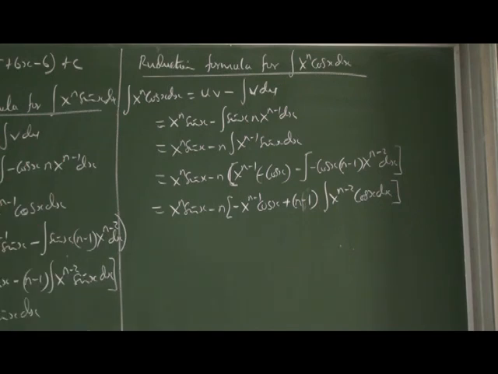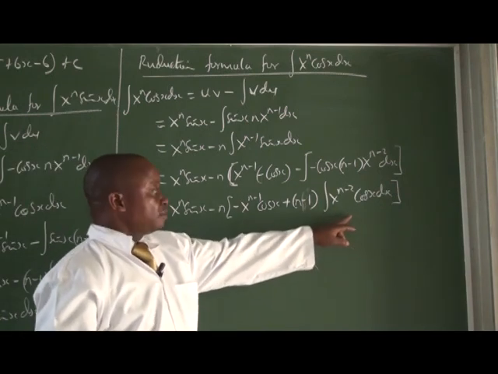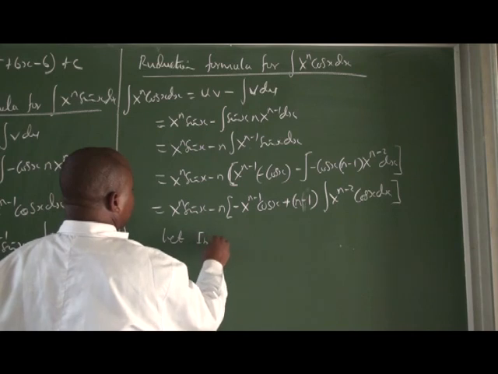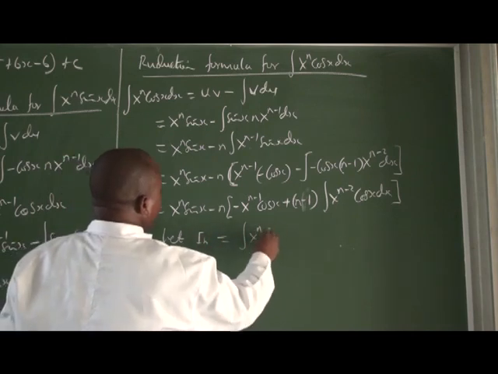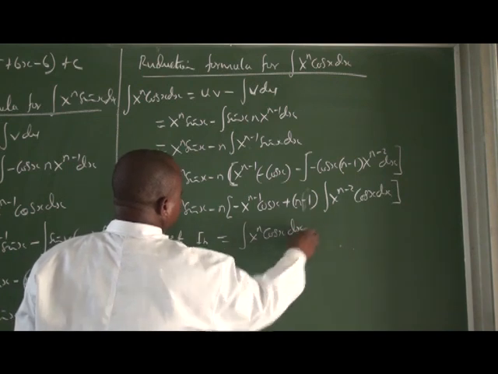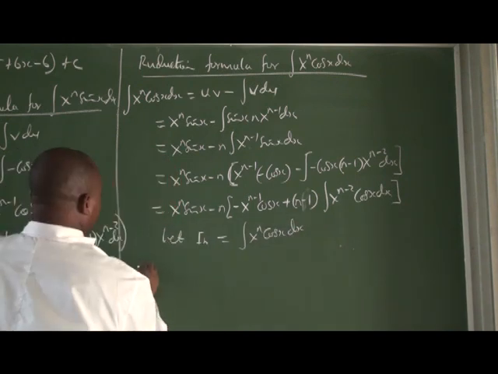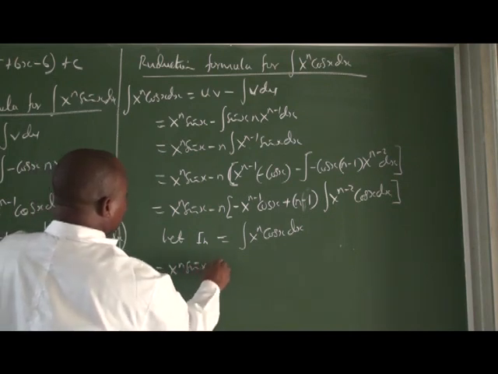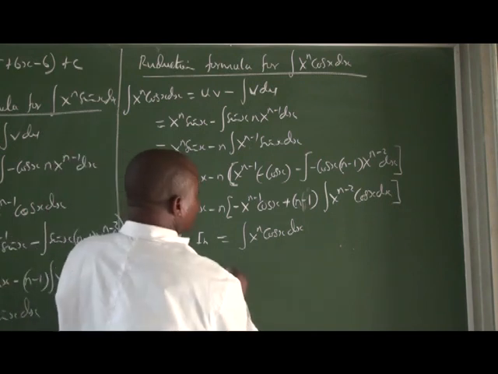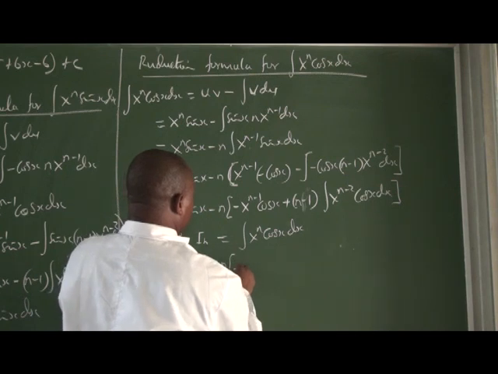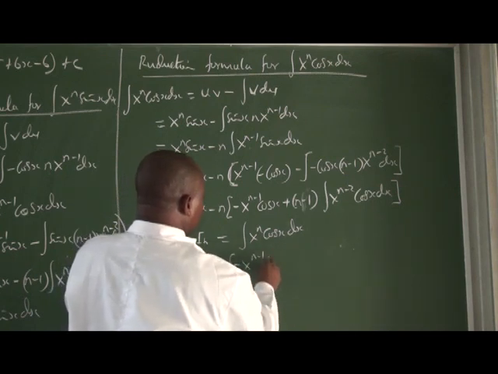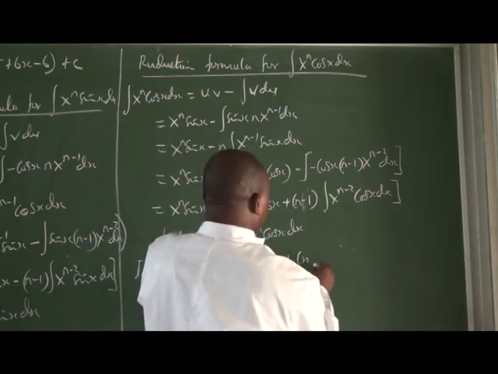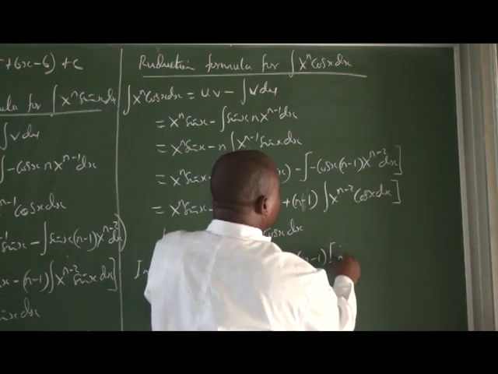So we see that in this place we are able to come back to where we started. So we can now let I n equal the integral of x^n cos x dx. And this will give us that I n will be equal to x^n sine x minus n times minus x^(n-1) cos x plus n(n-1) I n minus 2.